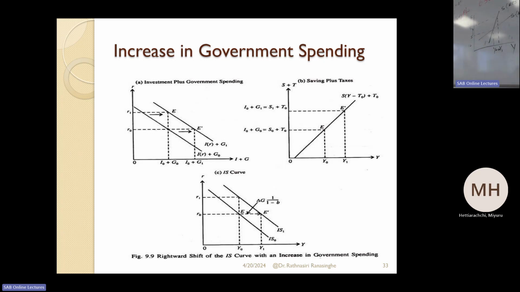How do you explain the shifting of the curve? You can explain, you can listen, and that will be an added advantage. If you explain it here, it will stay strongly in your mind.